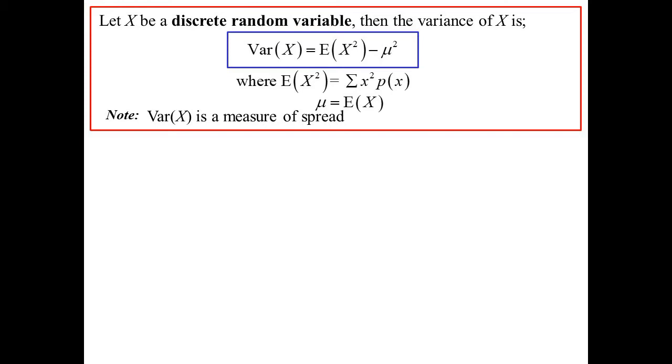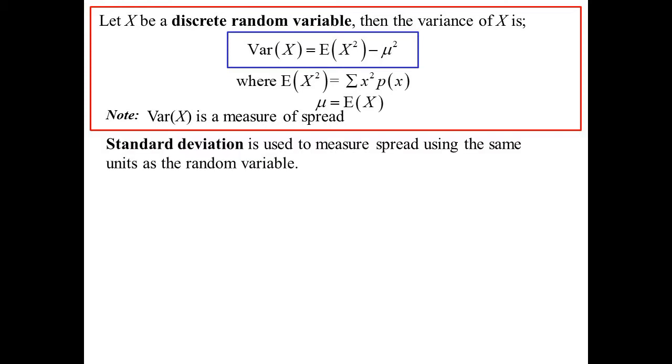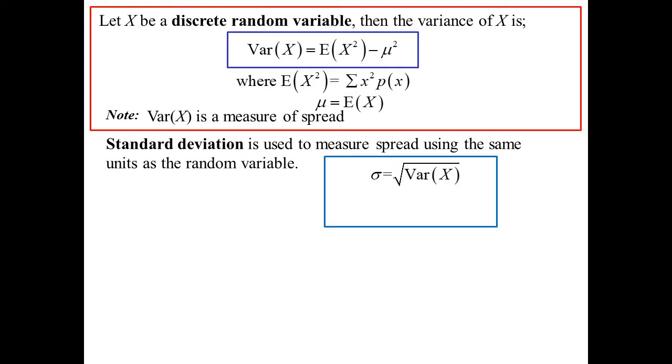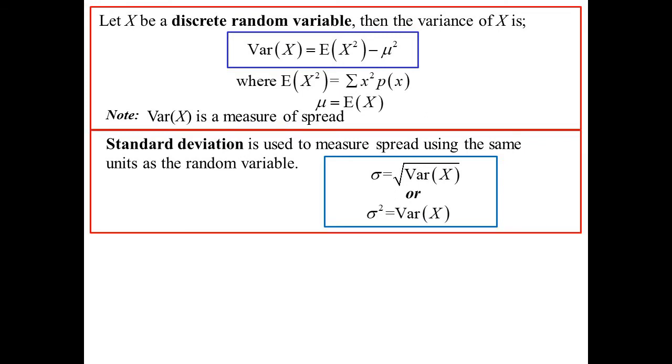Now we tend to use standard deviation because we're squaring the x's in our variance, and so technically it's units squared. So this is why we have standard deviation, so we can bring it back to the same units, which is better for comparing data. So standard deviation is simply the square root of variance, or another way of saying that is the standard deviation squared is equal to the variance.